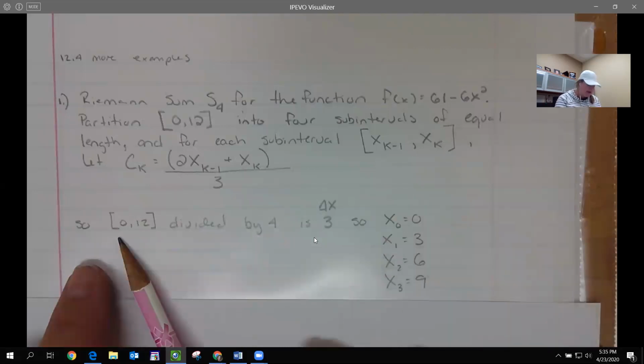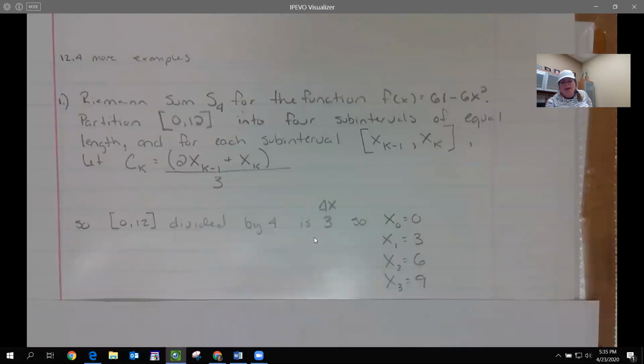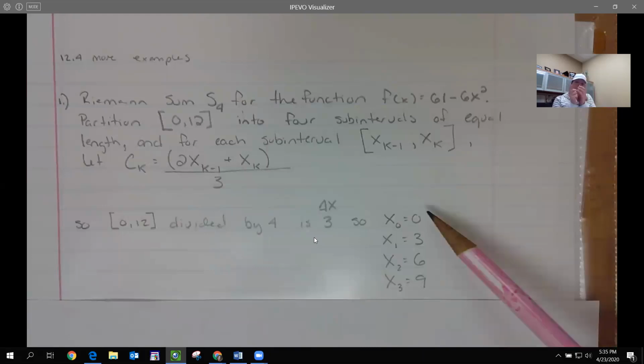Then you add 3, add 3, add 3, add 3. Basically you still find your change in x, which is 12 minus 0 divided by 4, and then you're just going to list, those would be the numbers on the bottom of your rectangles, okay?